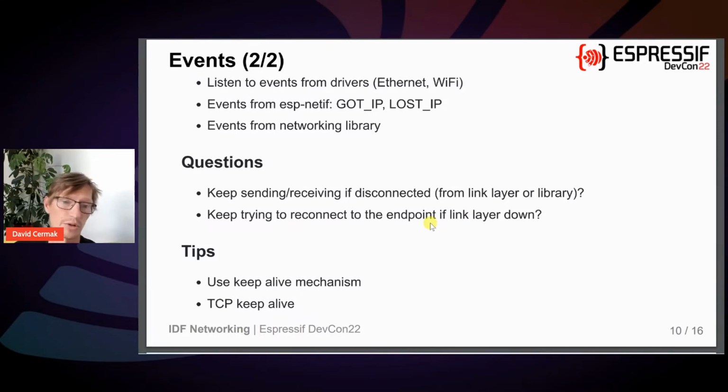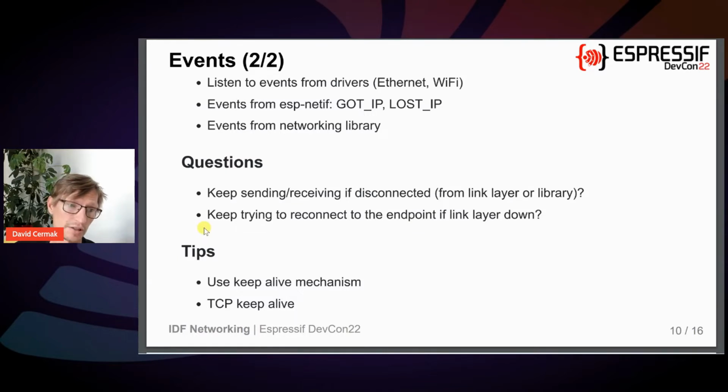This is how the MQTT library works by default, because it has no knowledge about events from drivers. So even if the Ethernet driver is disconnected or the link is down, it always tries to reconnect, it fails, and then after some time it tries again.